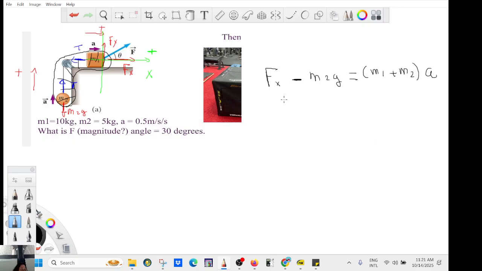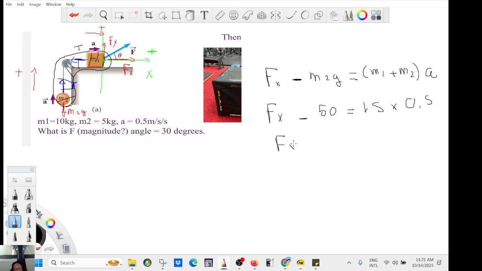So again, you don't have to do it this way. Minus m2 g, so this is 50. So 5 times 10 is 50 equals m1 plus m2, that will be 15, times acceleration 0.5.